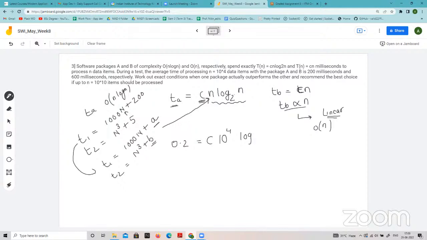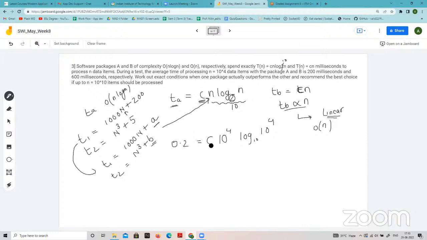You can consider this 2 as 10, because in that case the calculation becomes a lot easier. So I'll just remove this and put 10. So log base 10 and n is 10 to the power 4. The answer will come with 10 raised to power 2 also. I'm just trying to make the calculations easy.